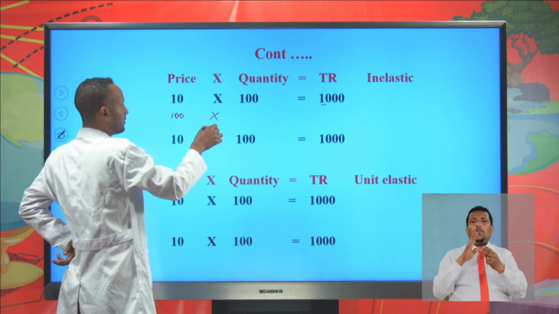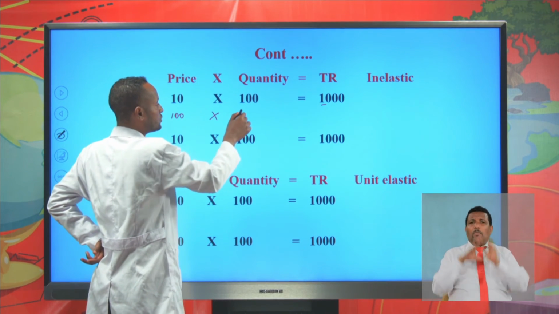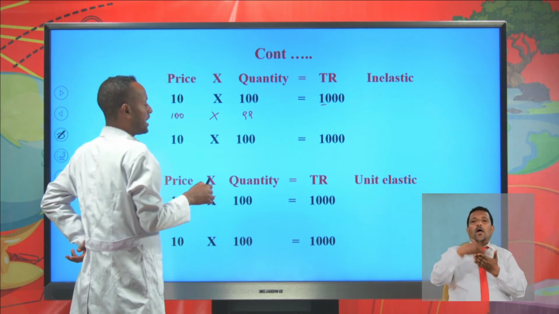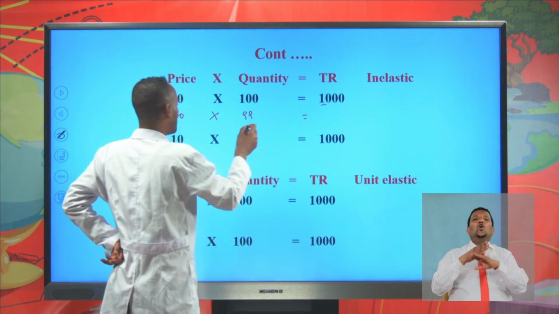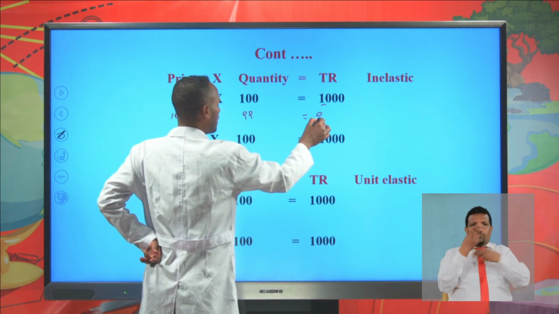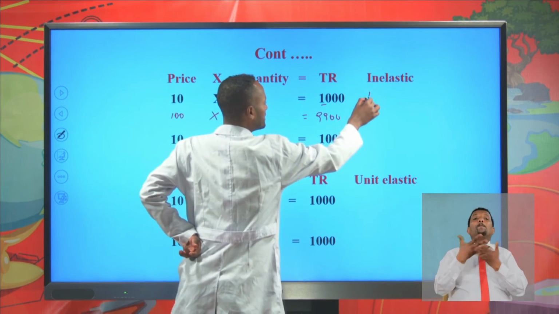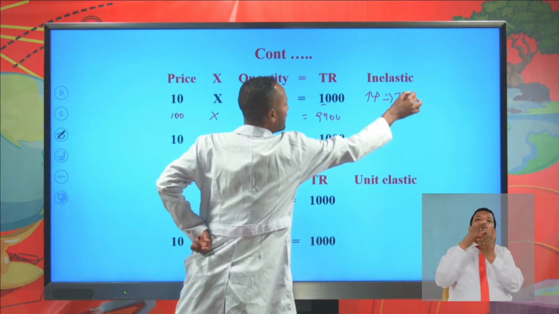If the buyer is inelastic, the decline in quantity demanded is too small. Let's say the buyer buys only 99 kilograms, and then the total revenue will be 99 multiplied by 100, which is 9900. So if the buyer is inelastic, with an increase in price of a commodity, the total revenue of the firm will also increase.